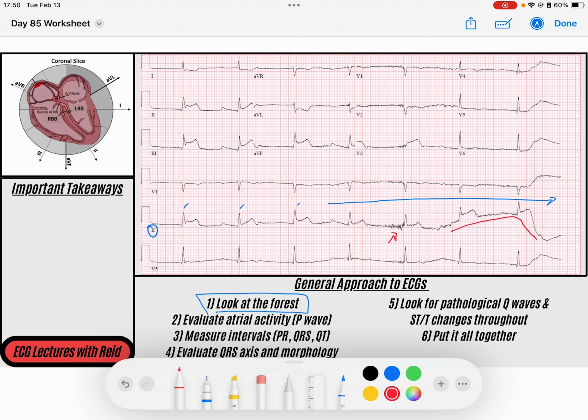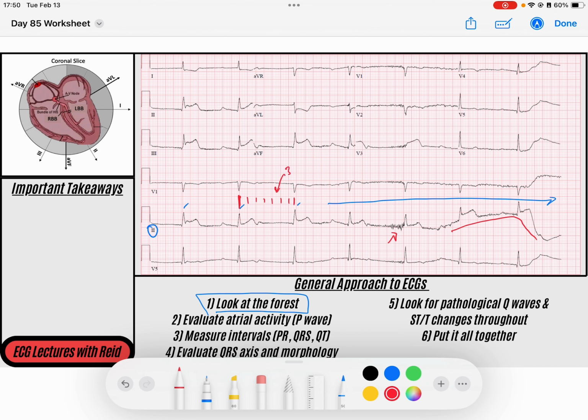And the rate of this rhythm, if I find a QRS that lands on a solid line, maybe like this one right here, I like to count the number of small boxes: 5, 10, 15, 20, 25, 30, 34 small boxes.